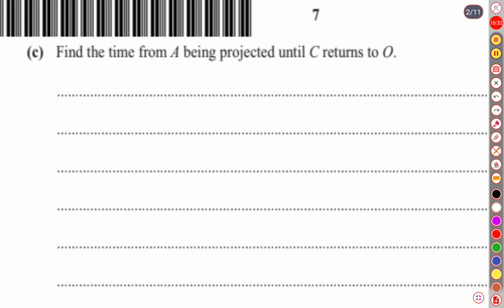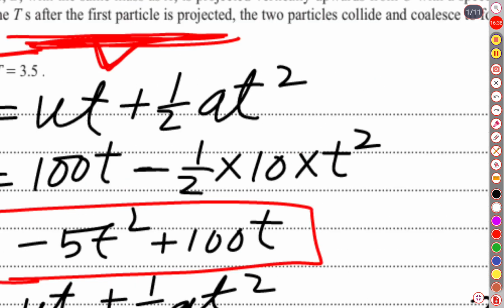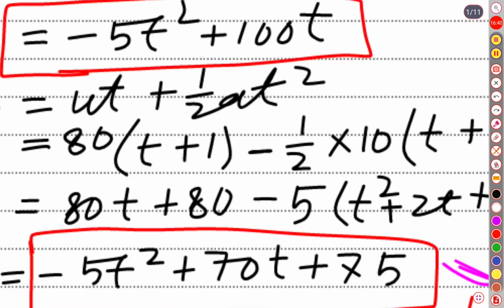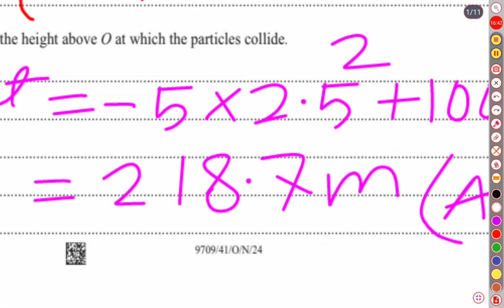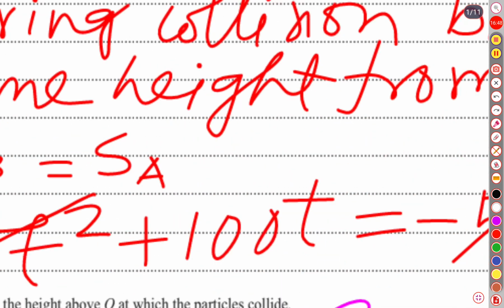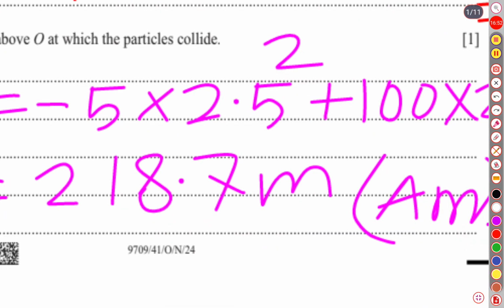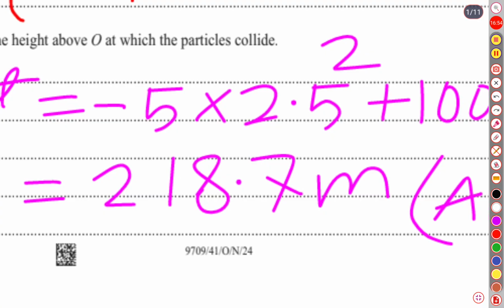If we go back to the question, look at this. The question is given that they have collided at the height of 218.75 meters. I think it was 218.75, it's 75 meters.